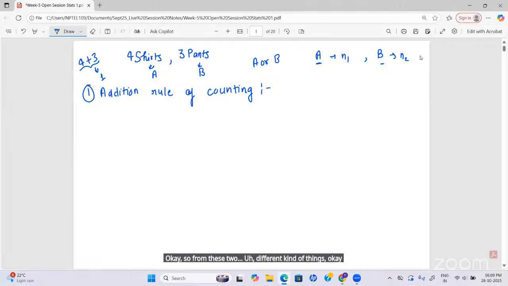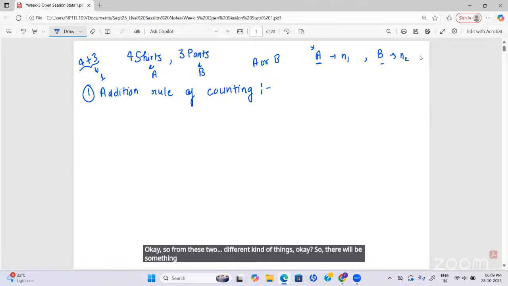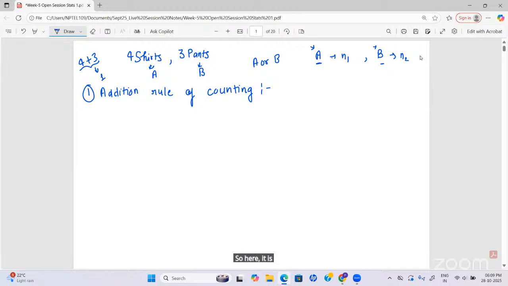Here it is given as shirt and pant, and we are talking about an OR condition, which means either you will select a shirt or you will select a pant. This kind of problem you can do with the addition rule of counting.